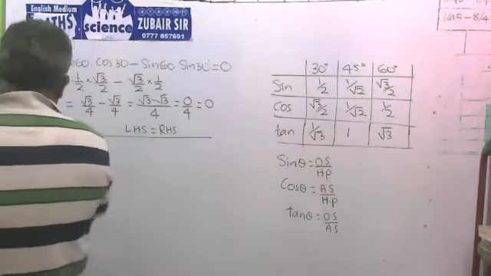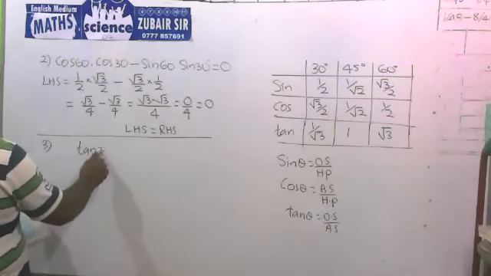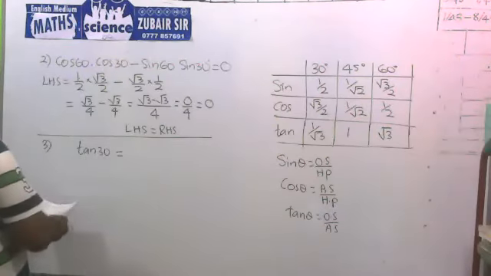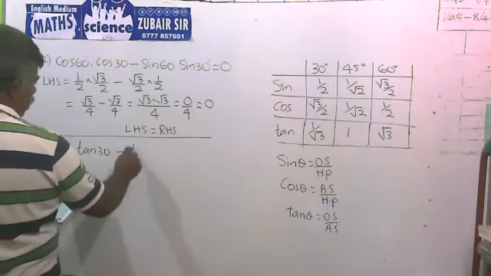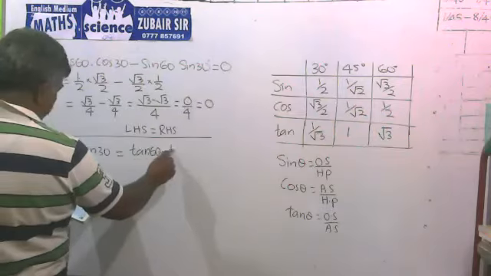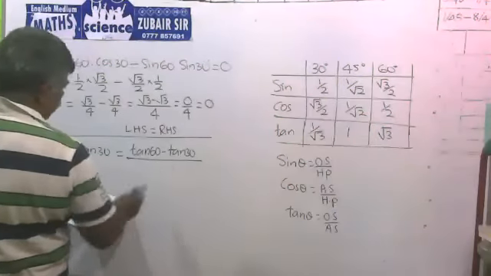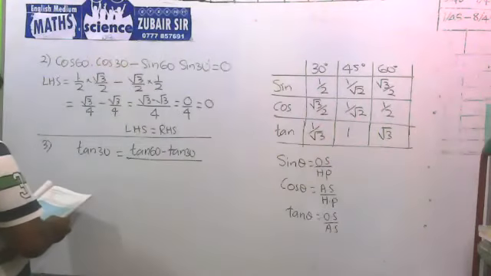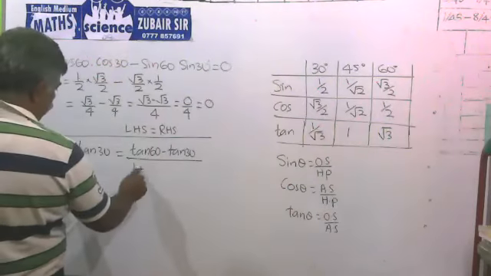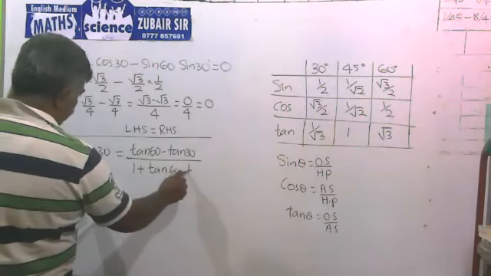Then you have to show tan 30 is equal to tan 60 minus tan 30 over 1 plus tan 60 tan 30.